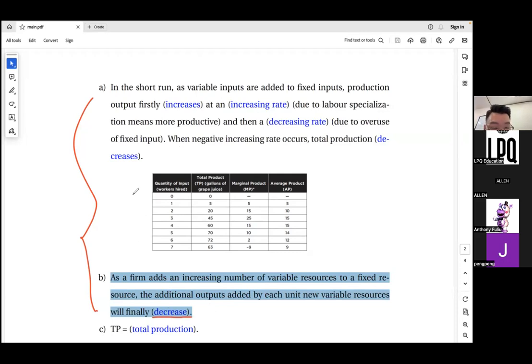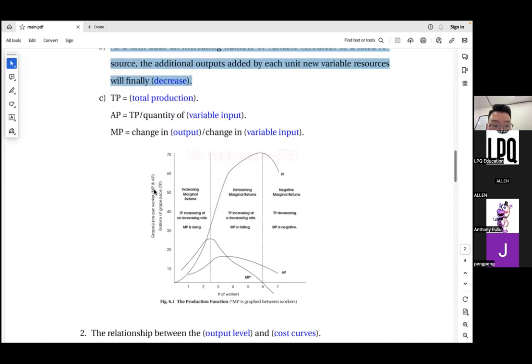Once again, A and B are just the same thing. B is the simplified version of the law of diminishing marginal return. So far, any questions? Okay, no questions. Let's move on to the next part.